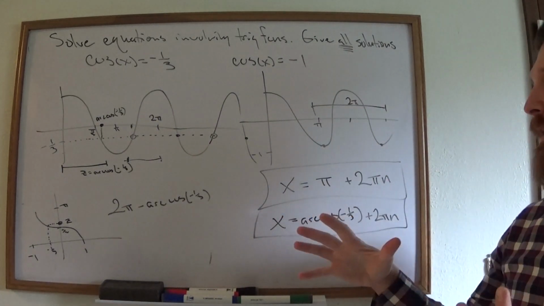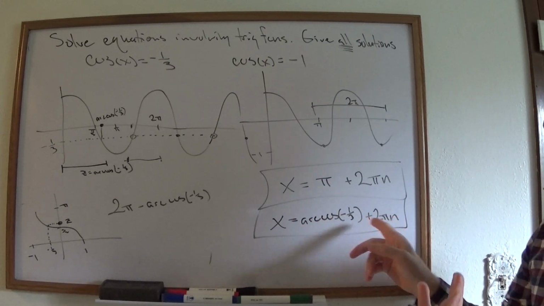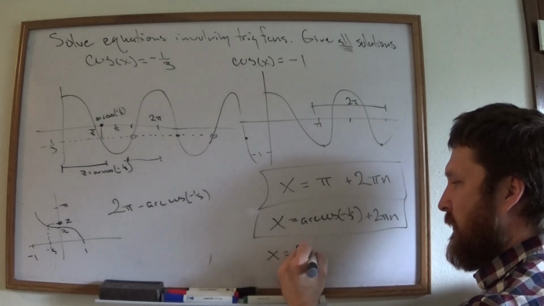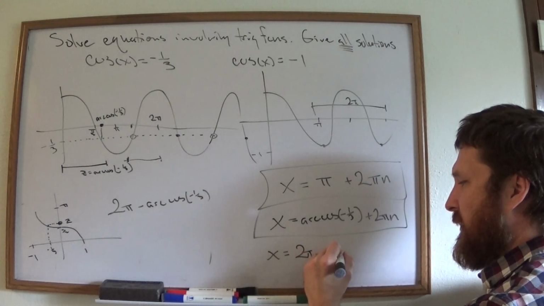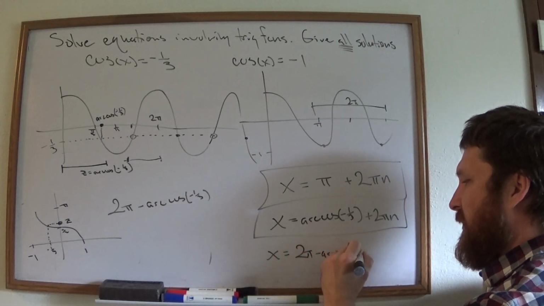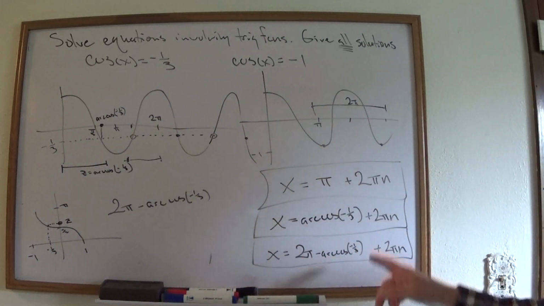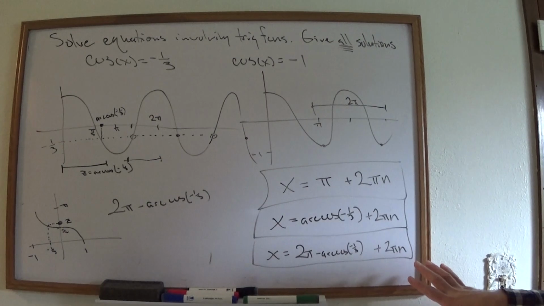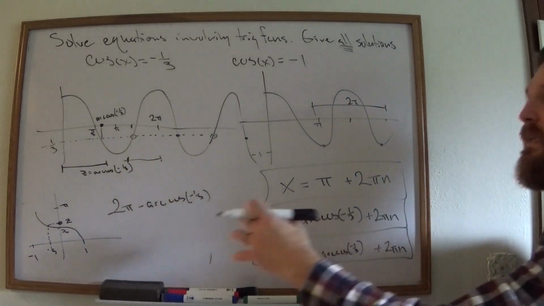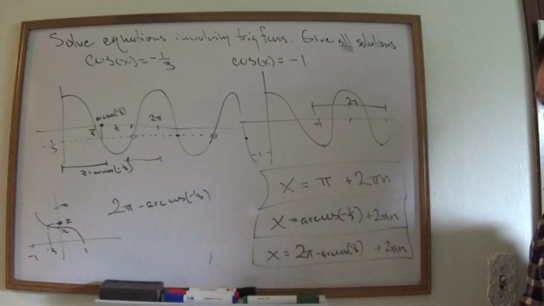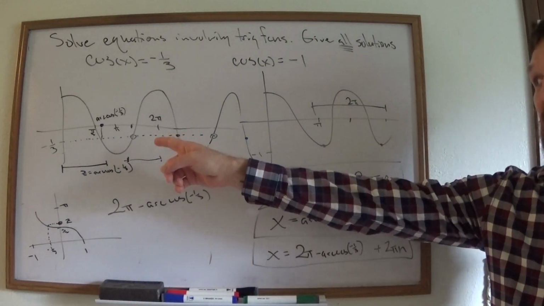Now, I remember when we were first doing this, Noah, you spotted a couple of them. You said you could write that a different way. It turns out that some of these are reducible. So 2 pi minus arc cos negative 1/3 plus 2 pi n. Sometimes it's easy to see, not so easy here, but there was one case where we had two of these solutions and you could have written it as something plus pi. It doesn't work here.